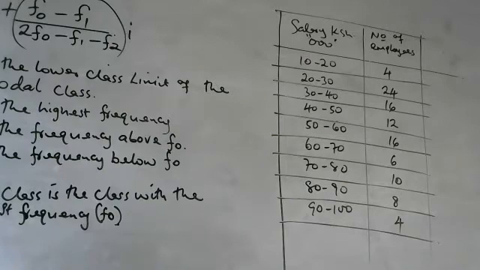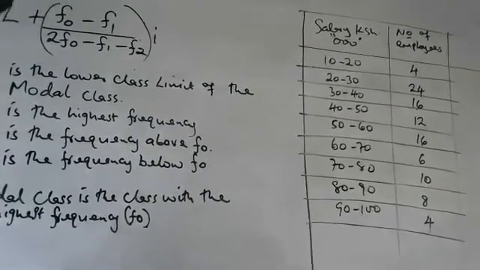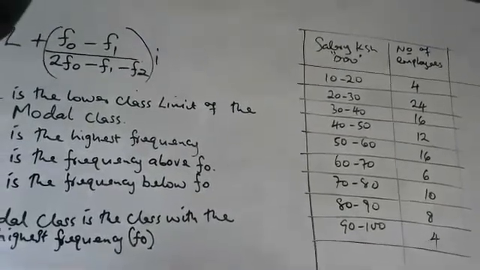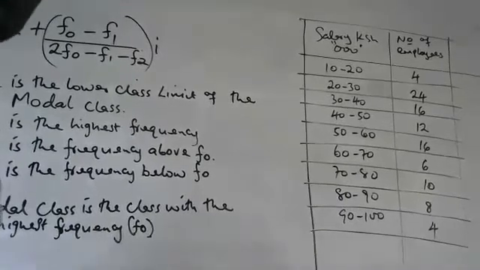So that salary is going to be the model salary. So in this question, what you need to do is to identify the values that you need in your formula.